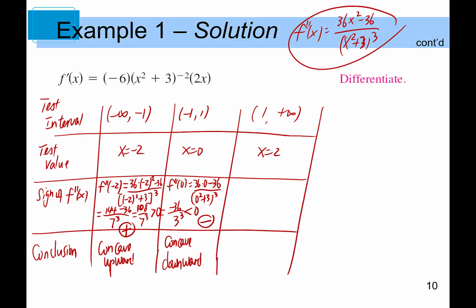The third interval, f double prime of 2 equals 36 times 2 squared minus 36 over 2 squared plus 3 to the third. It becomes 144 minus 36 over 7 cubed. Again, it's greater than 0, so it's positive. That means it's concave upward.